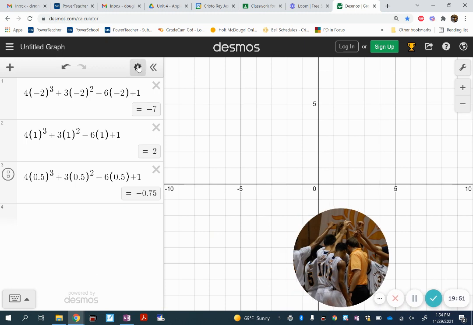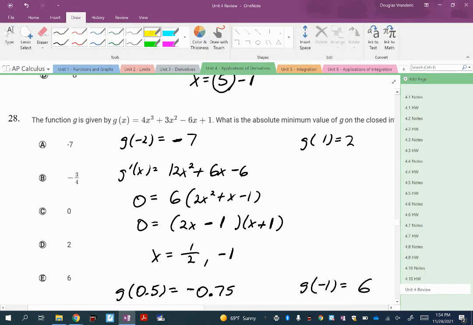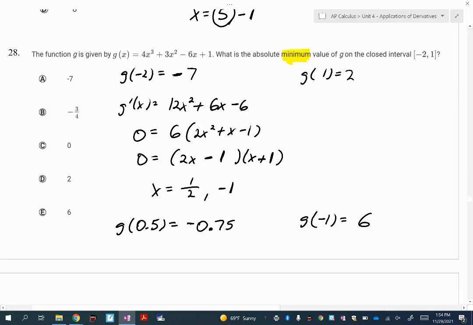I'm going to duplicate one more time and do negative 1. So I have negative 0.75 and positive 6. I'm looking for the absolute minimum. So I'm going to highlight the y value that is the smallest, and the smallest y value is negative 7. So the answer is going to be A.